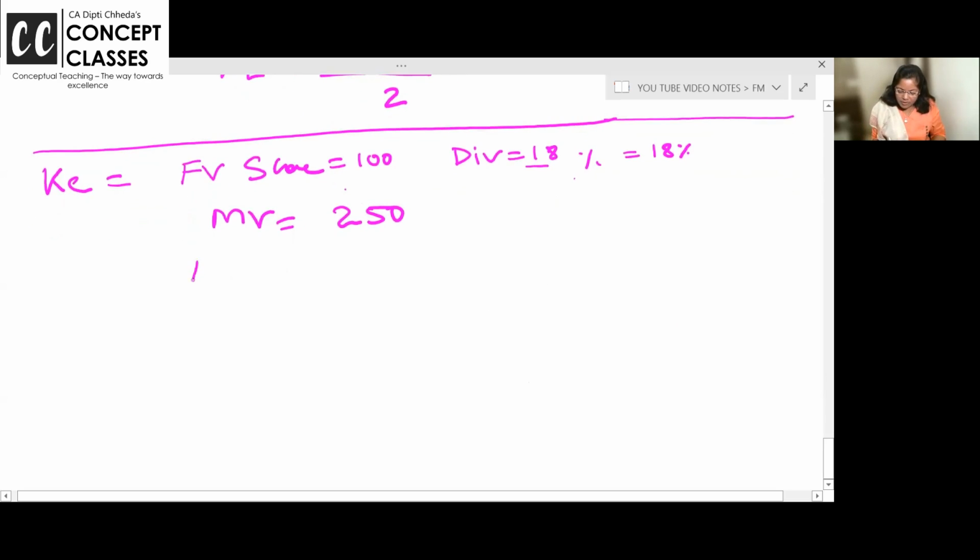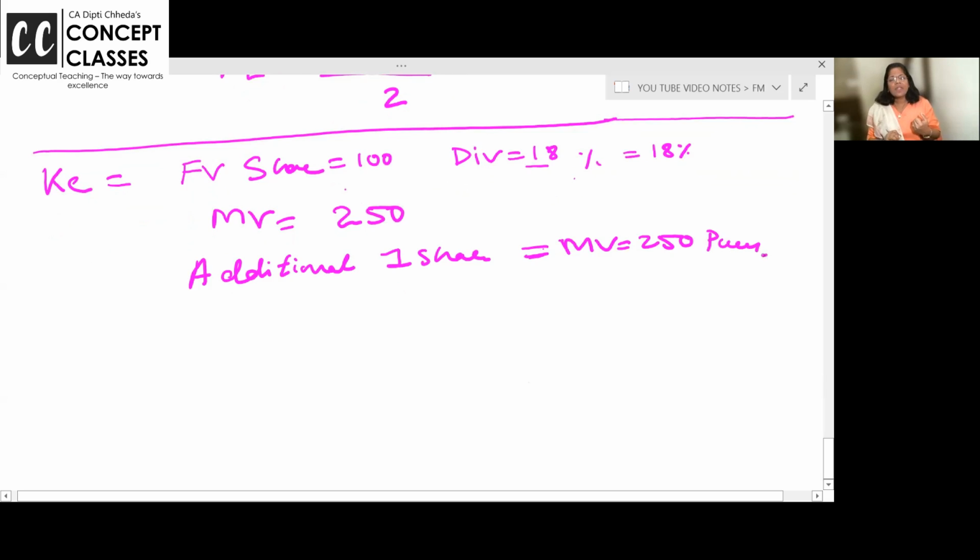Now, these are all the logics of how the formula is made. Suppose you want to buy one additional share of this company. Then you need to buy it at the market value, 250 rupees. And on this additional share also, how much dividend will you get? 18.